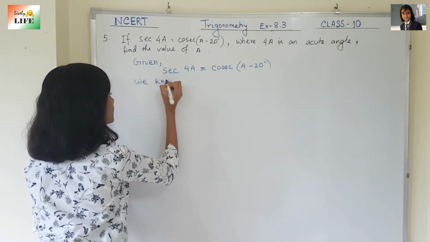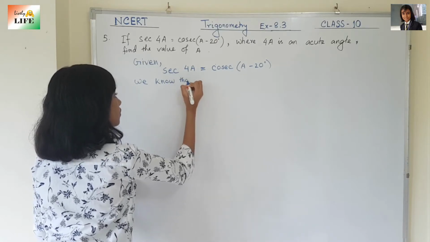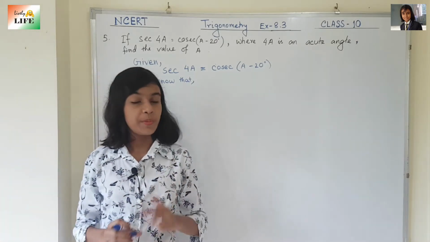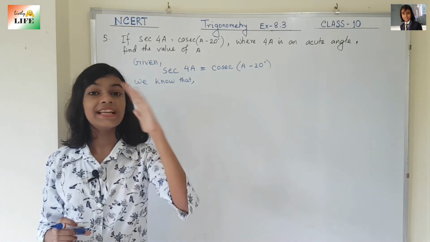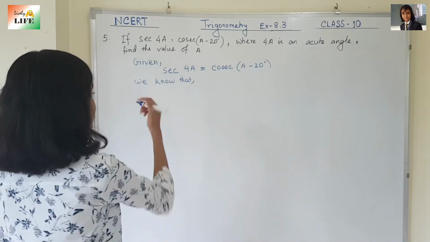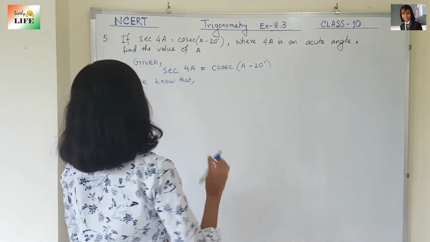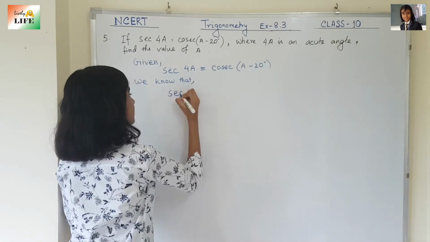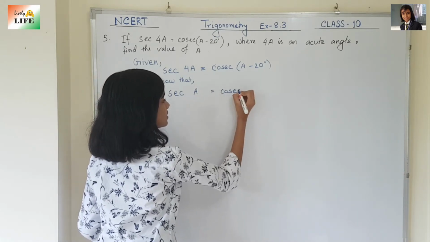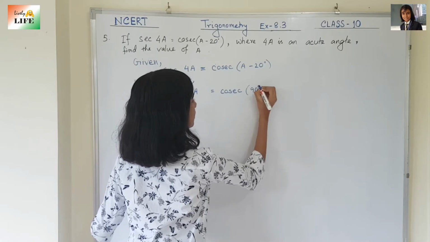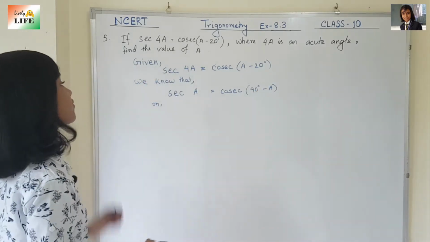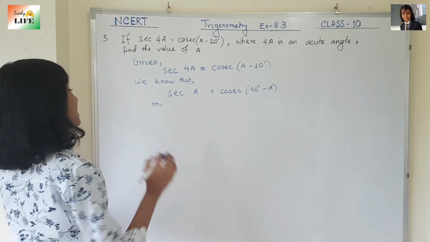And we know that we have learned earlier. Remember that sec a is equal to cosec 90 minus a, or cosec a is equal to sec 90 minus a. So over here we will write sec a is equal to cosec 90 degree minus a, or over here is written sec 4a, so instead of sec a we are going to write sec 4a also.